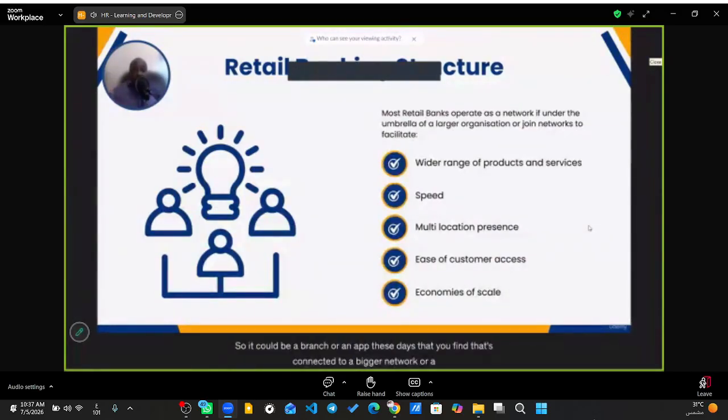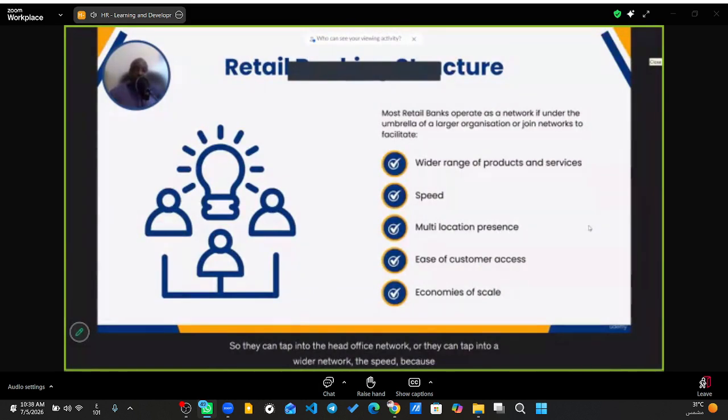So it could be a branch or an app these days that's connected to a bigger network or head office, for instance, that operates locally in a particular jurisdiction or environment. Some of the reasons they do that are to increase the range of products and services they can offer to those locally, so they can tap into the head office network or a wider network.